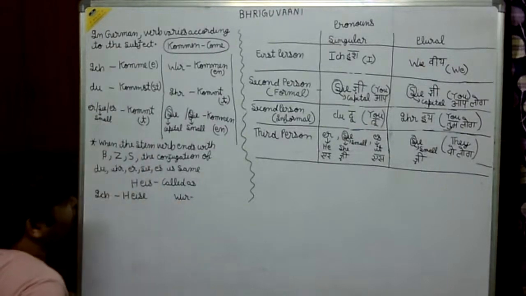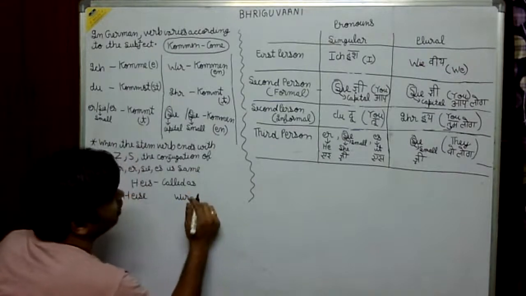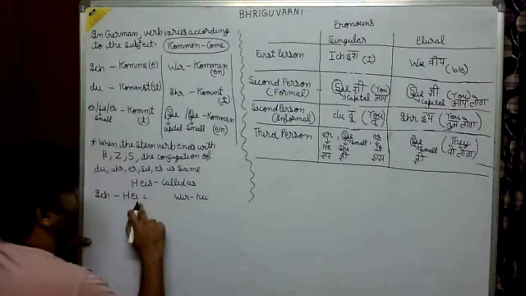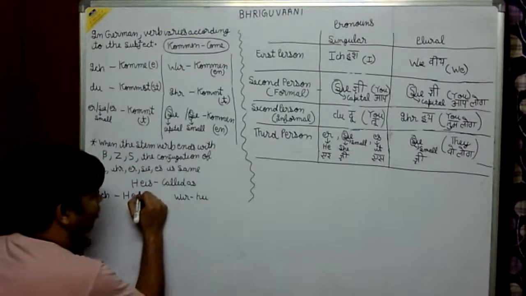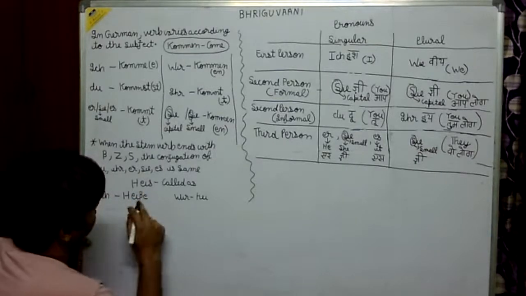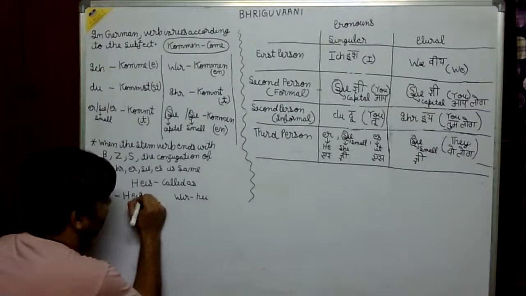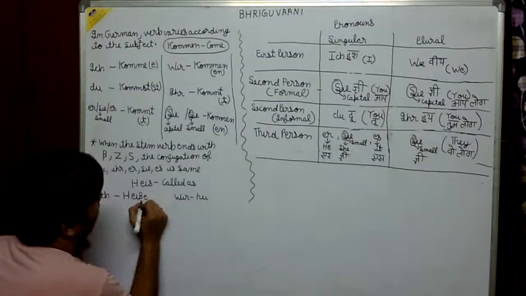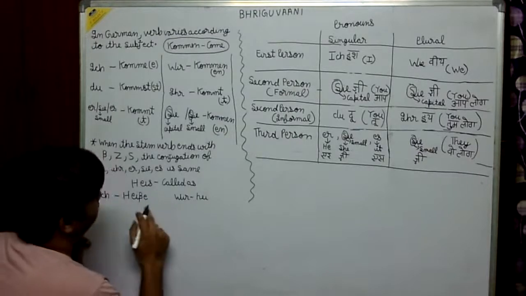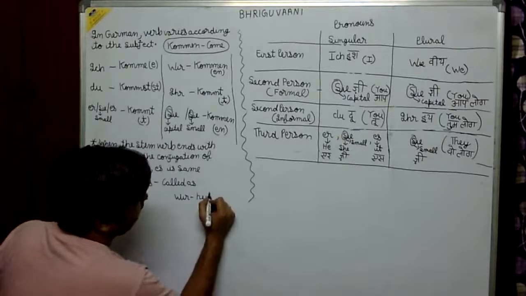What will be the verb now? The verb will be heißen. Look, I also commit mistakes because I am also a student. I am not the teacher.